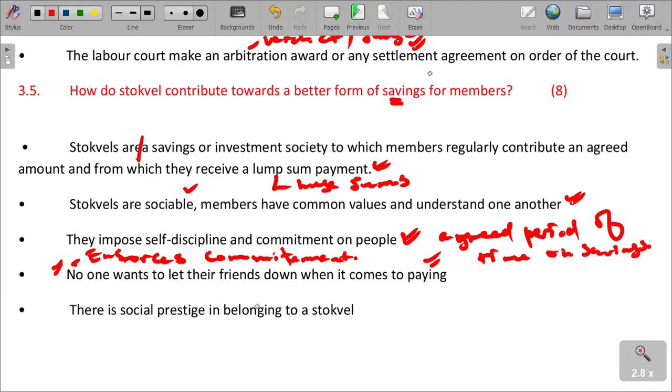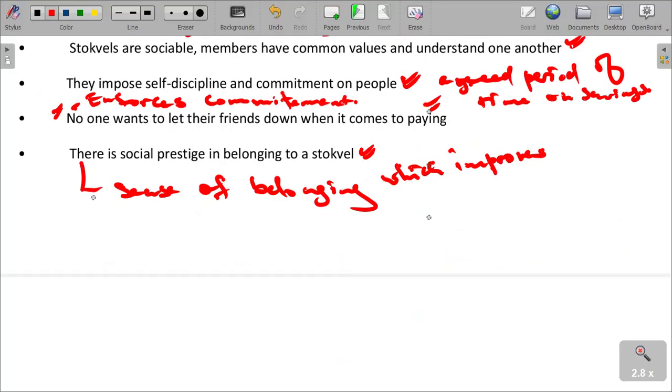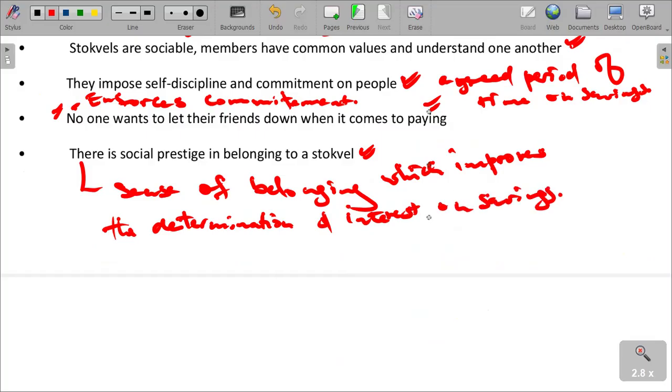There is a social prestige in belonging to a Stokvel. People have a sense of belonging, which also improves determination and interest on savings, as others are doing.